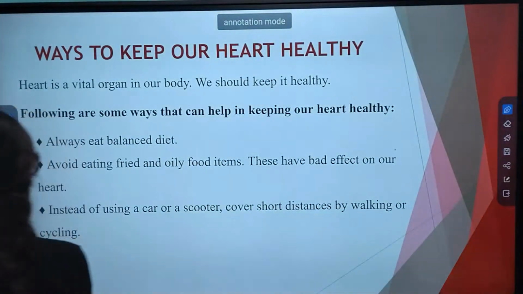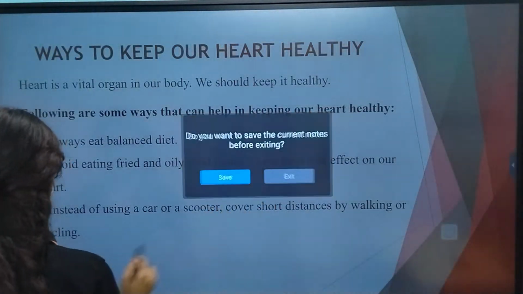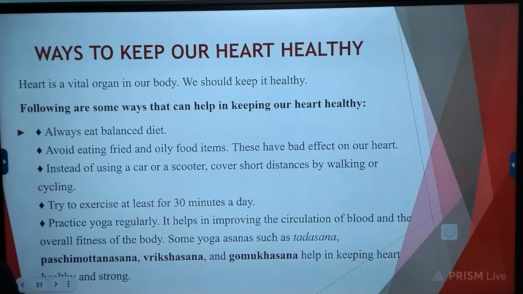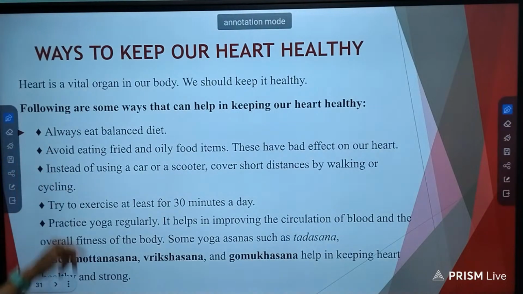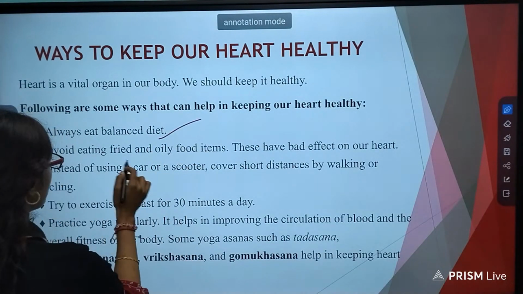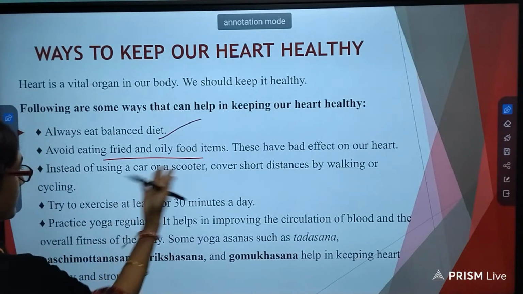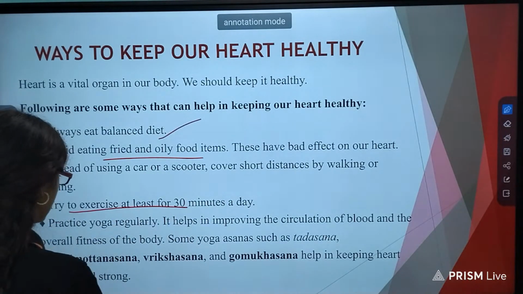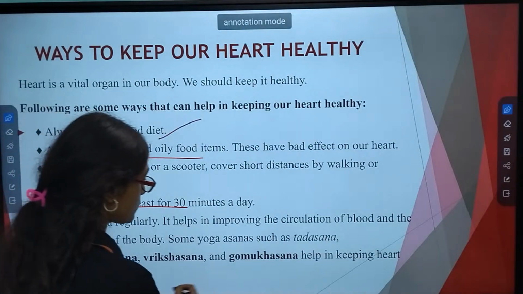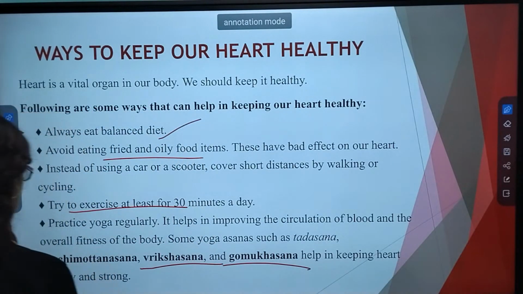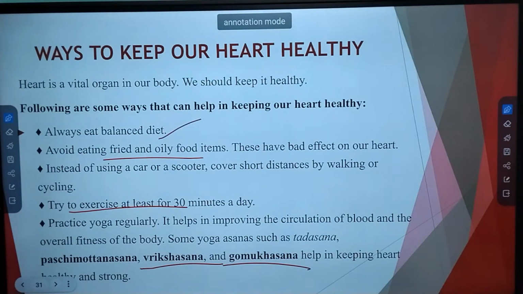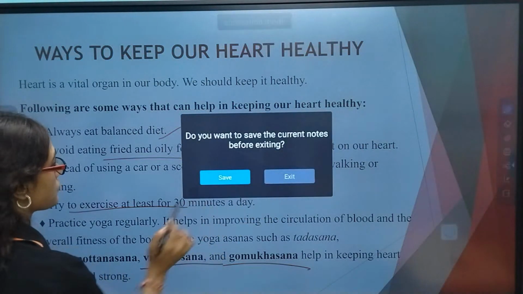Something else is also written: eat a balanced diet, avoid eating fried and oily food, exercise. Some asanas are also given, Gomukhasana, Vrikshasana, etc., to keep your body healthy and strong.